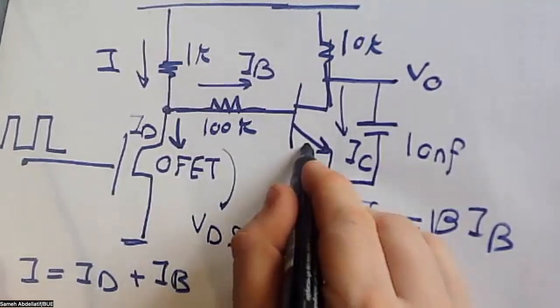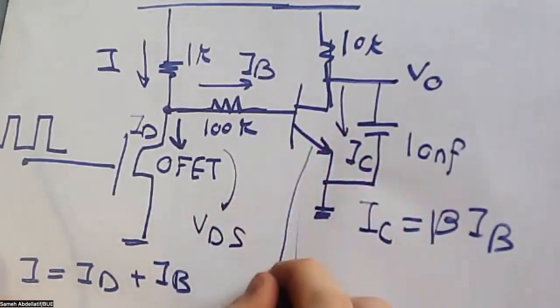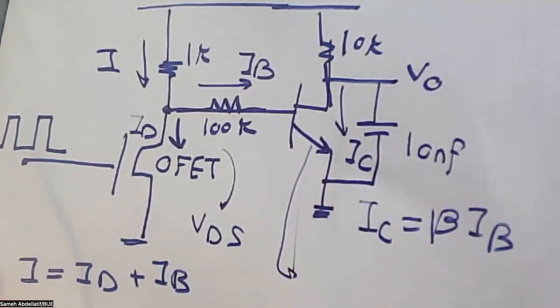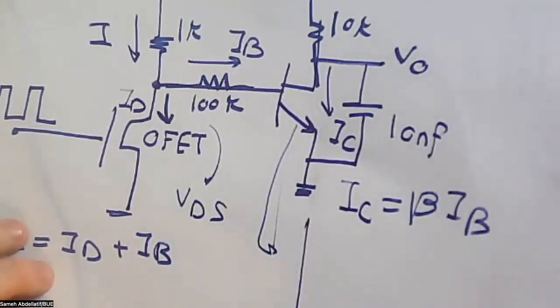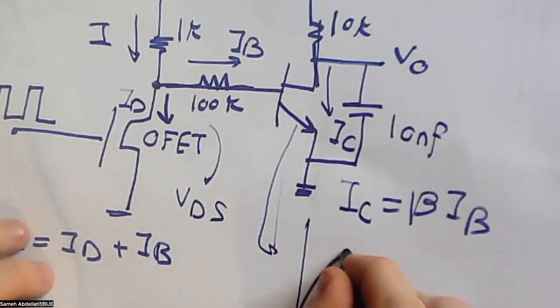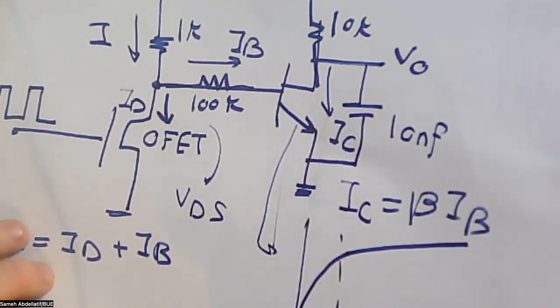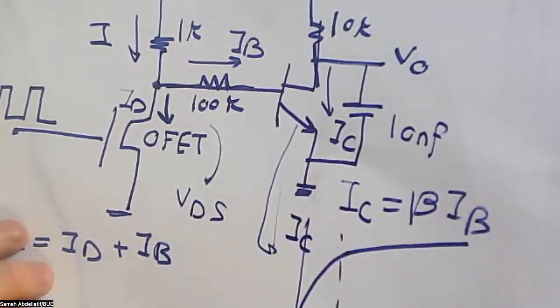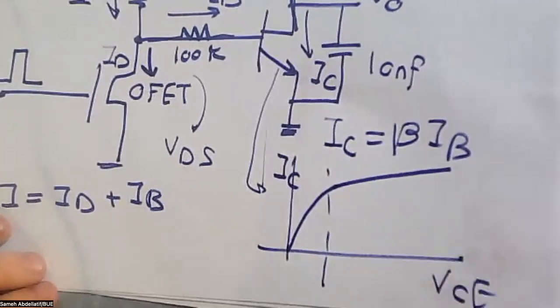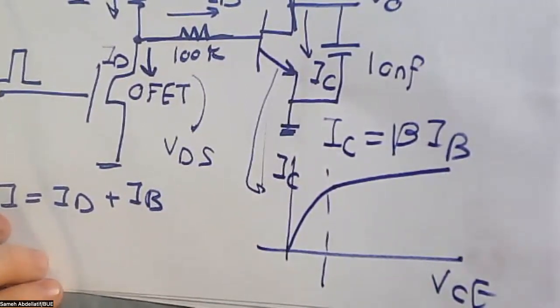So going to the IV characteristic curve for a BJT. The IV characteristic curve for a BJT is simply like that. So this is VCE, and this is IC. I'm sorry, I have to make it like this, but it is very simple.